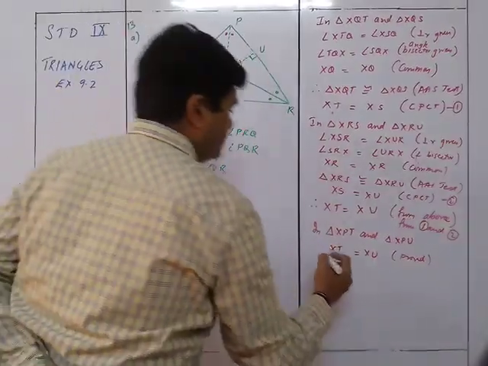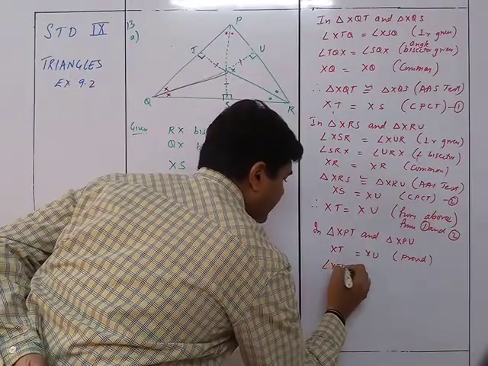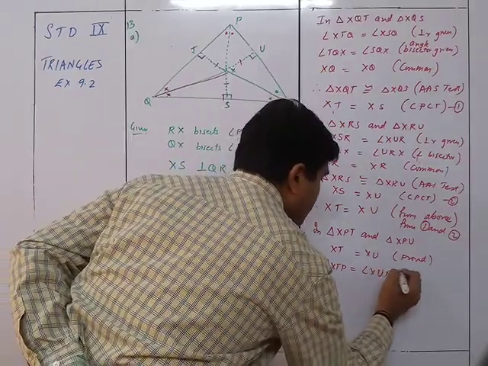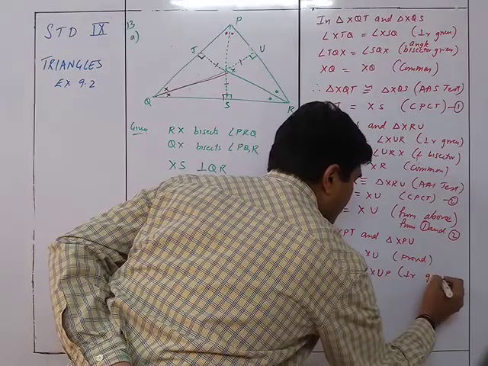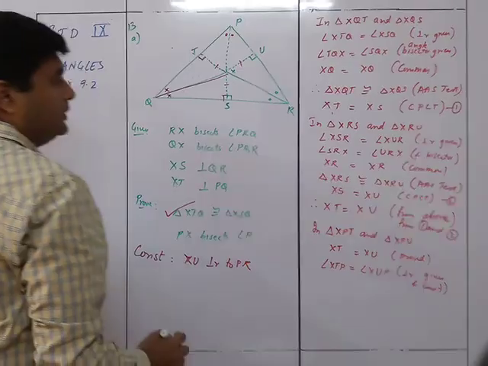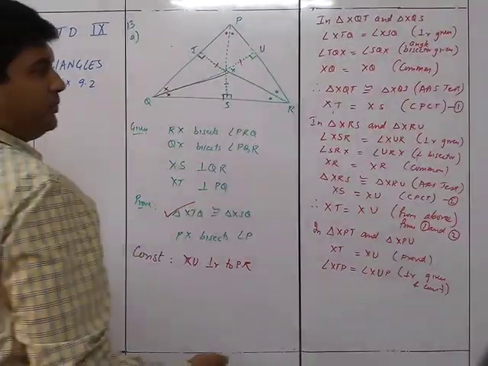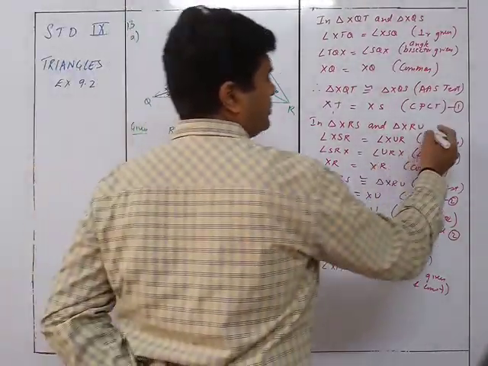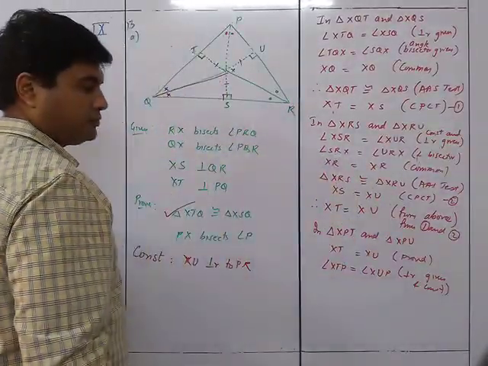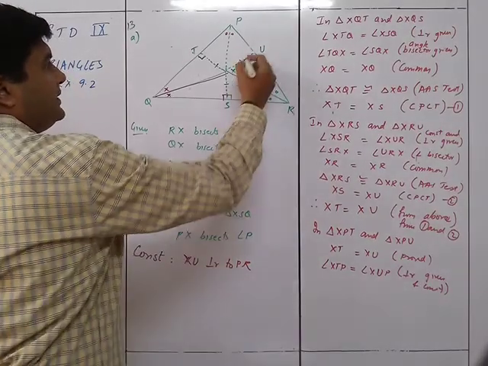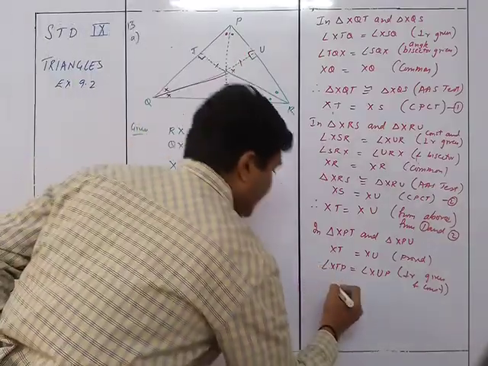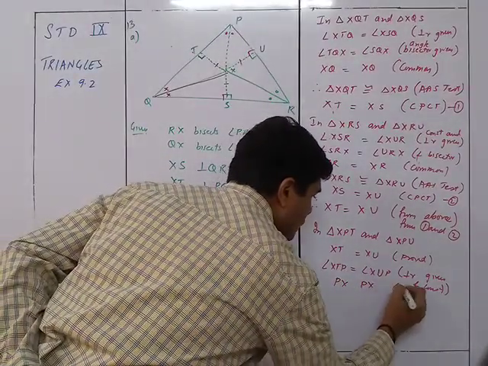Angle XTP is equal to angle XUP, perpendicular given and construction. Here you write construction and given. And this will be the common side, so PX is equal to PX, common.